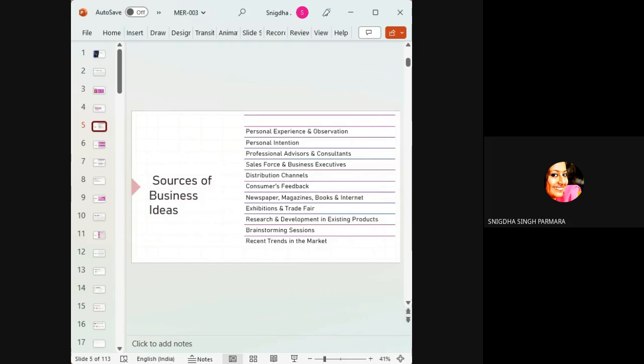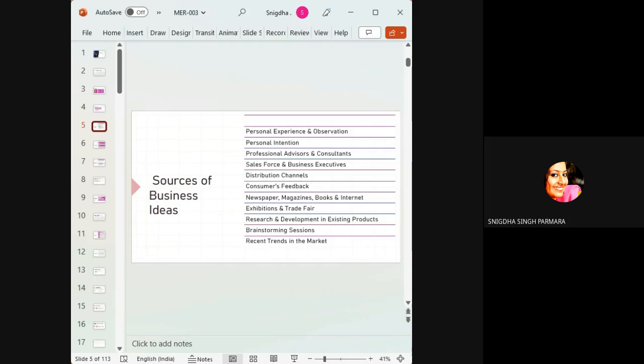So what are the various sources from which business ideas could be generated? The business ideas could be generated from personal experience and observation. If you are facing a difficulty in something, that could be the source for generating a new business idea, a business solution to take care of that difficulty, to solve that problem.